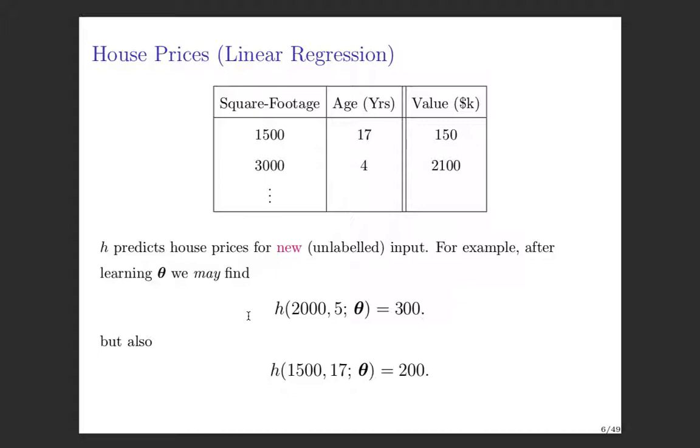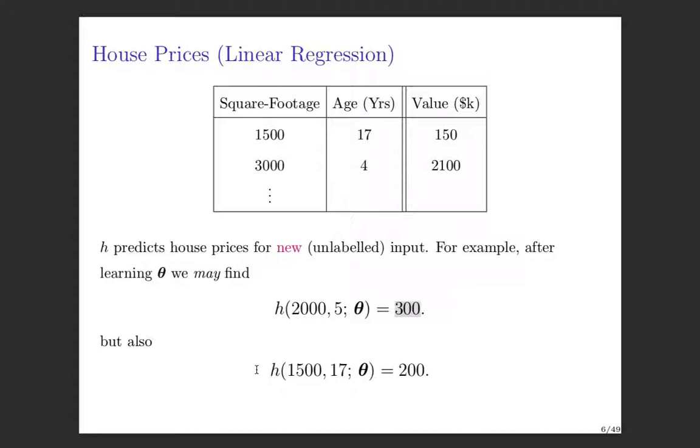The goal here is, given this table, I want to learn a function which is going to let me predict values for new houses. So I somehow am able to learn over this table, and I may find out that I've generated a hypothesis function h that tells me that a house of 2,000 square feet that's 5 years old, with our learned parameters, is worth $300,000.